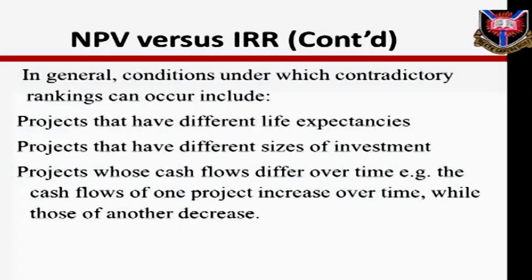In general, conditions under which contradictory ranking can occur include projects that have different life expectancies, projects that have different sizes of investment, and projects whose cash flow differs over time, e.g., the cash flow of one project increases over time while those of another decreases.